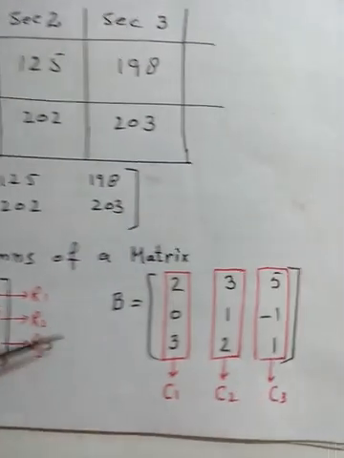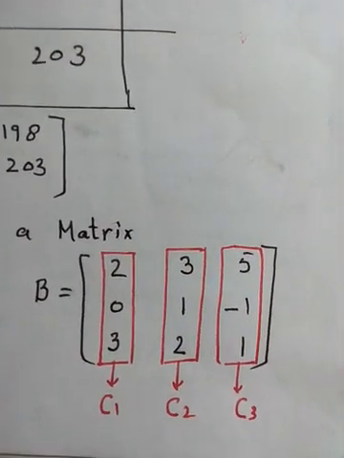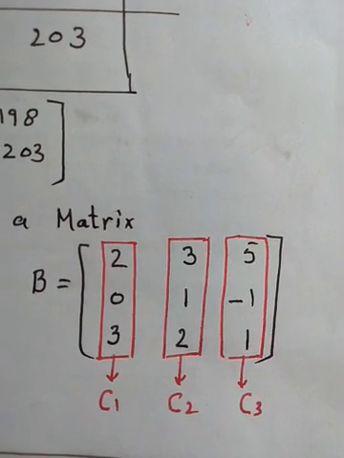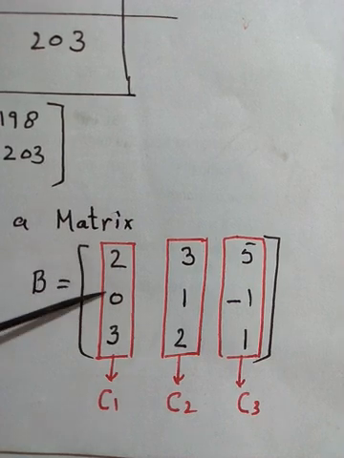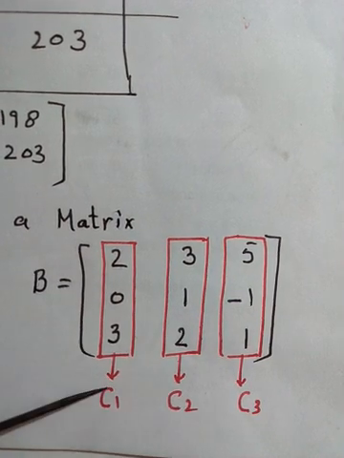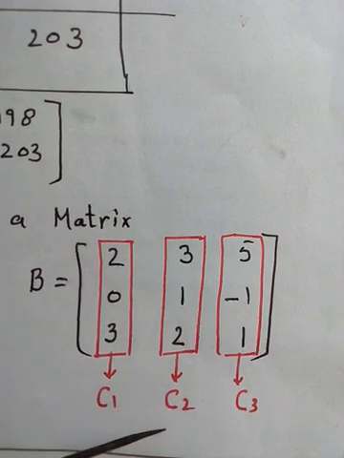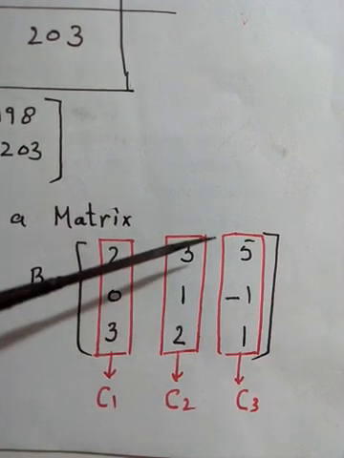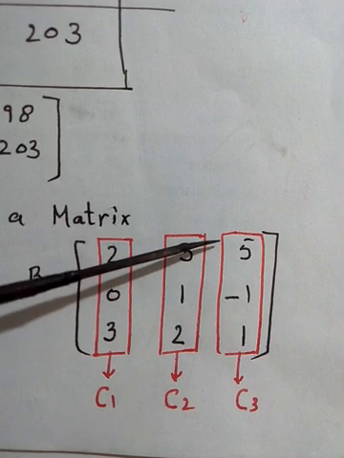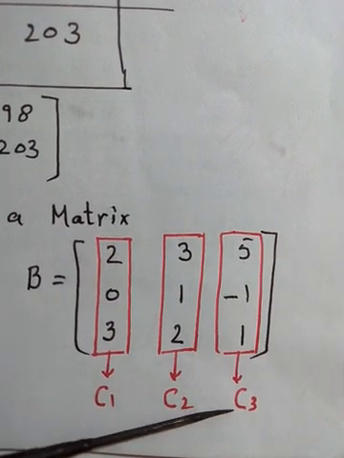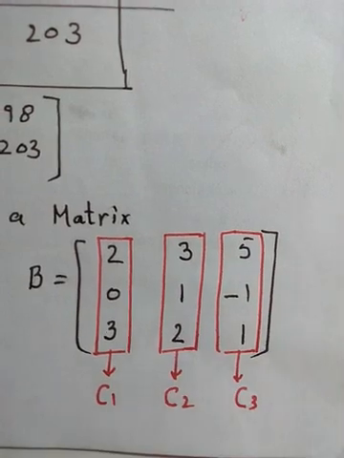Columns are the entries represented vertically. Here 2, 0, 3 is column number 1, 3, 1, 2 is column number 2, and in the same way the vertical arrangement of the elements 5, minus 1 and 1 is column number 3.